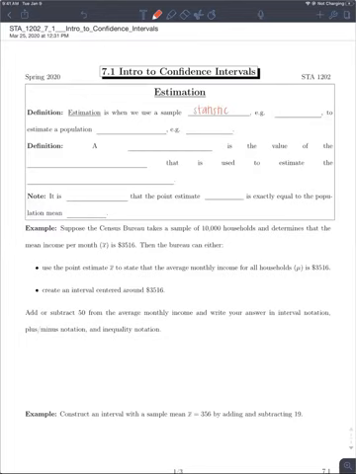Alpha is actually neither. Alpha is just the significance level. But for mu, would that be considered a parameter or a statistic? Remember, mu means population mean. It's going to be a parameter, right? Because population parameters are things about the population. And the statistic that goes along with that is going to be x bar.